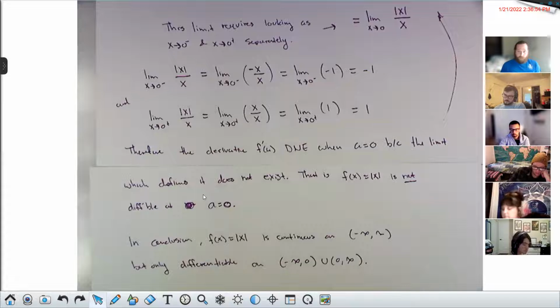So this provides a counterexample to that intuitive idea that if the graph is continuous, then it's automatically differentiable. It's not a true statement.